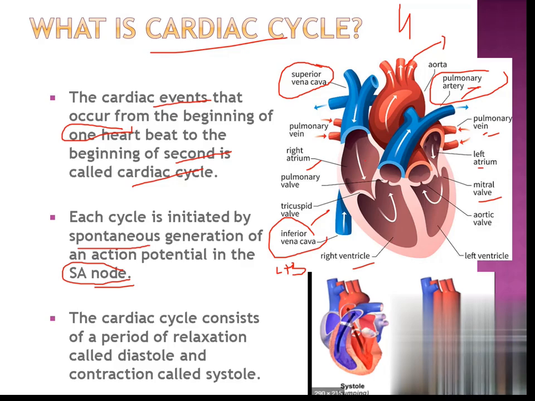Now this SA node acts as the natural pacemaker of the heart. So this provides that stimulus or that ignition to the heart so that the heart can pump the blood to the lungs, or from the heart to the rest of the body.